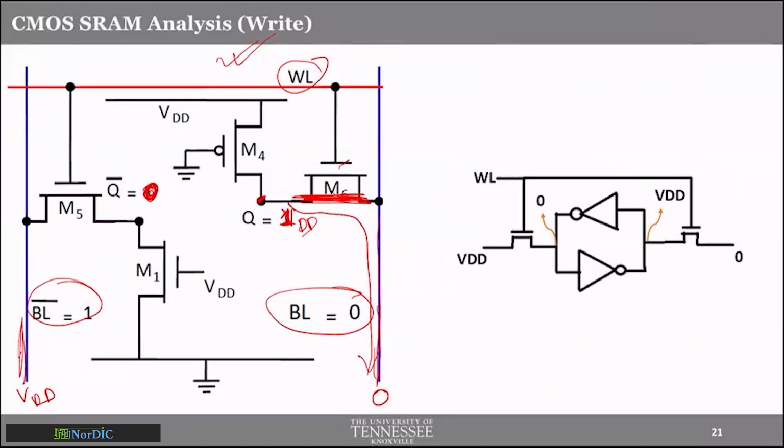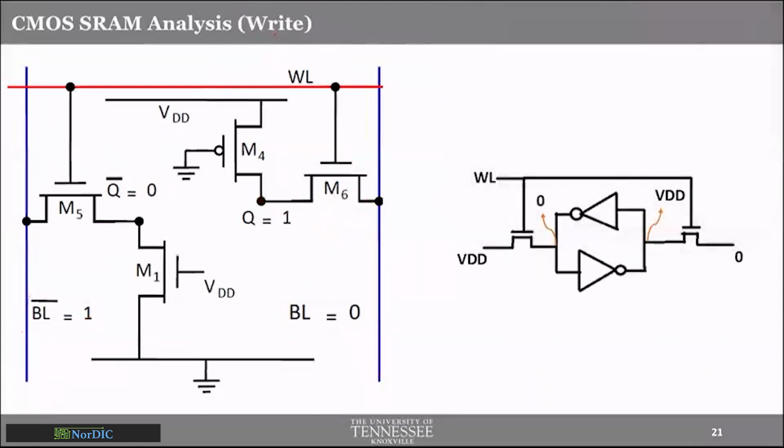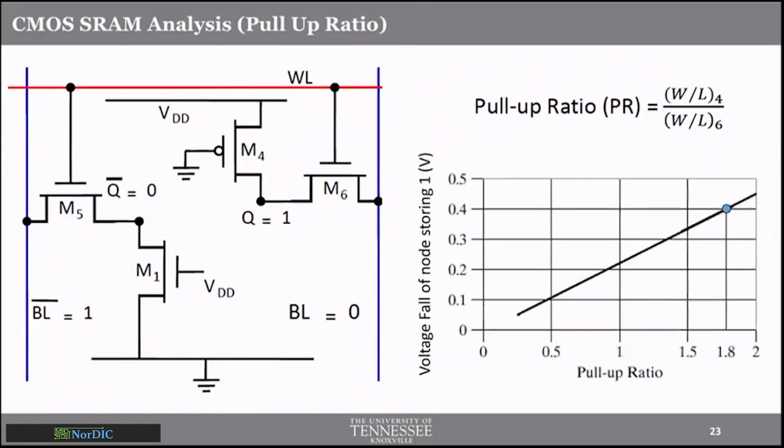Does that make sense to all of you? Write operation is simple compared to the read operation. You just put the voltage that you want to write into the storage cell. You want to write VDD to the storage cell, add VDD to bit line and drive it. Done.